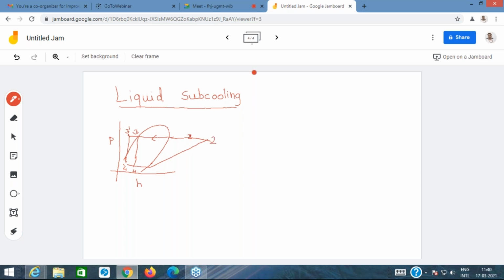So this is 1. 1 to 2 is dry compression. 2 to 3 is condensation with the liquid leaving at saturated liquid state, and 2 to 3 dash is the condensation involving liquid subcooling. So the process of liquid subcooling can be shown by 3 to 3 dash.